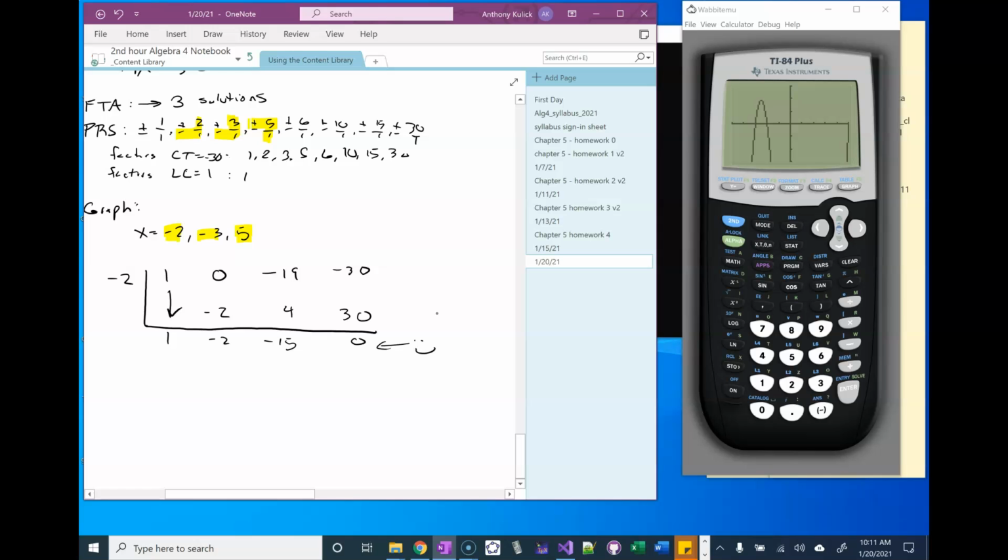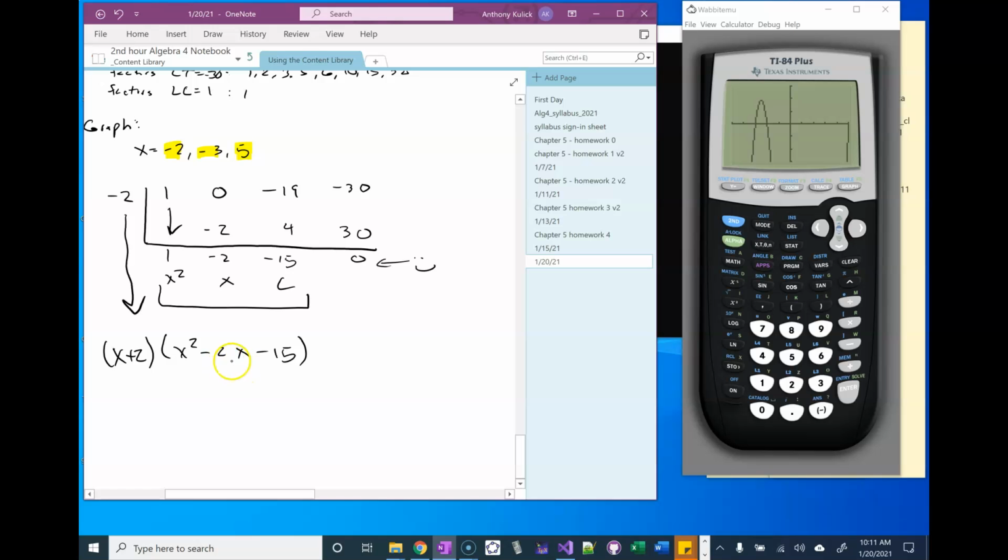So I got remainder 0, which is excellent. That tells us this worked. The -2 tells us that x plus 2 is a factor. And the quotient tells us our other factor is x squared minus 2x minus 15. And x squared minus 2x minus 15 can be factored.